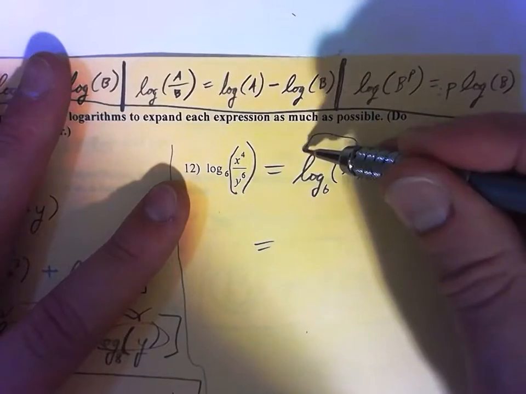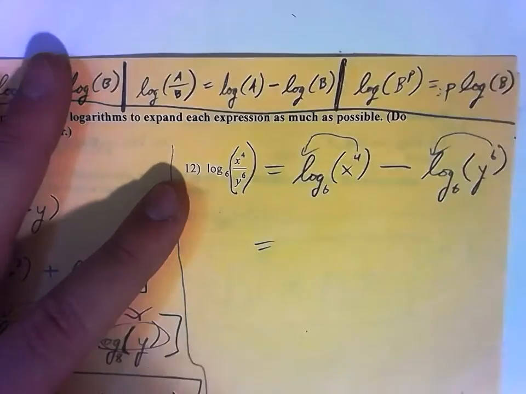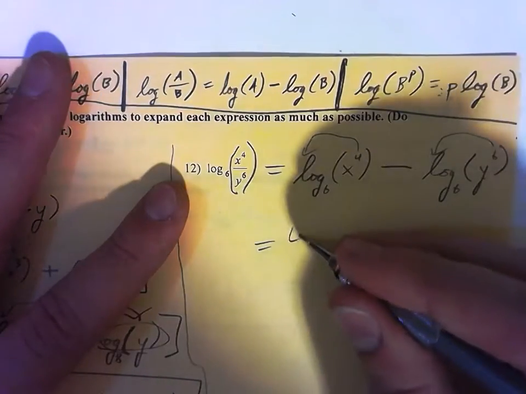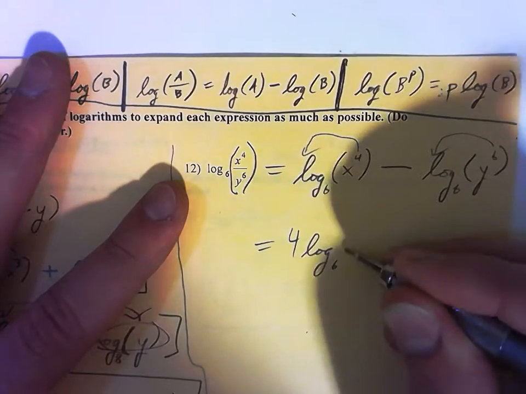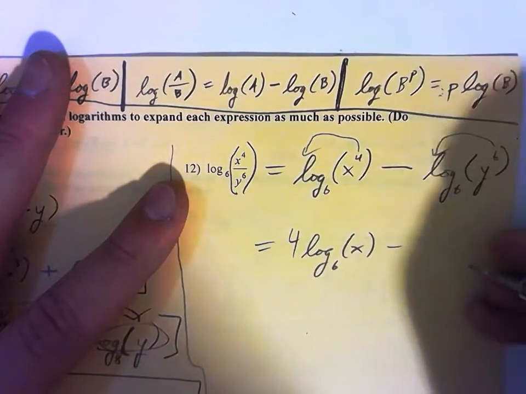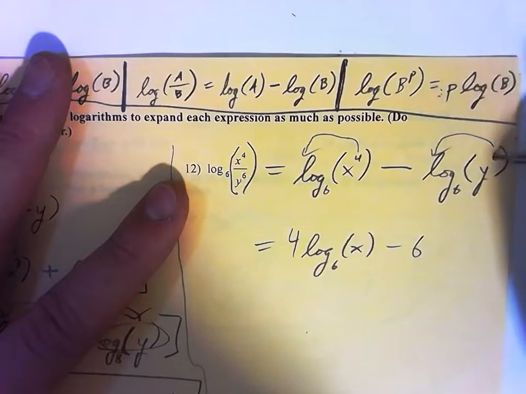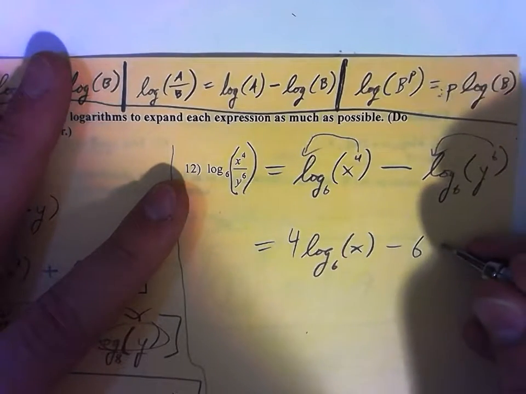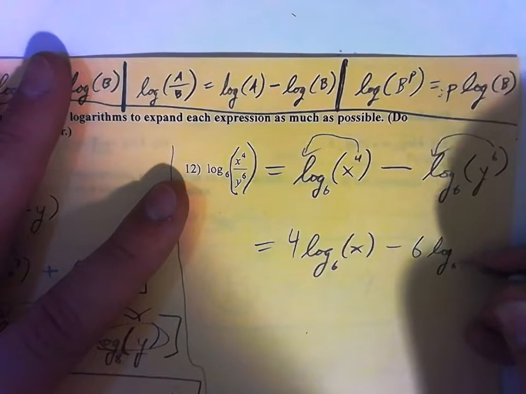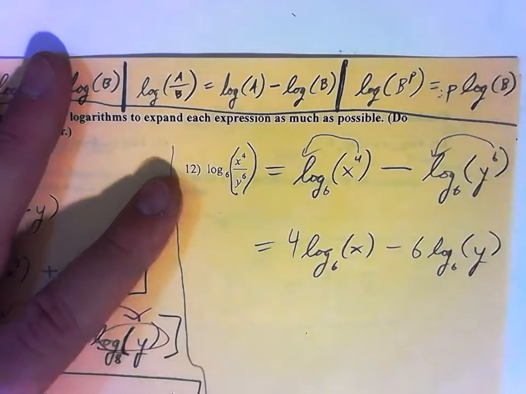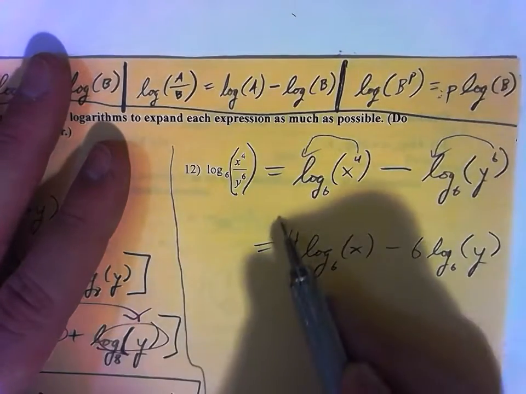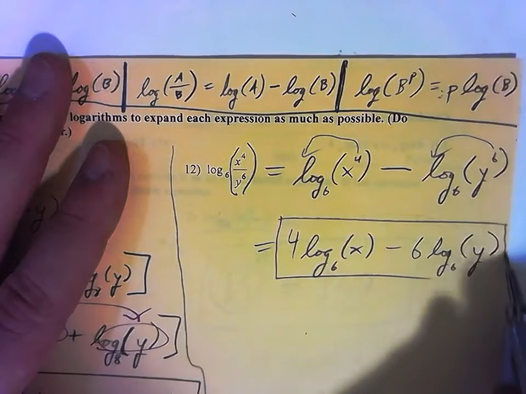And then power property is going to do that, make it 4 log base 6 of x minus 6 log base 6 of y. And that's it. That's only 2 steps, basically.